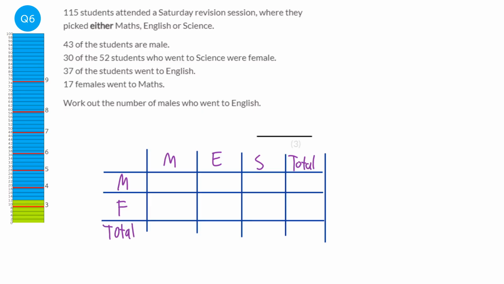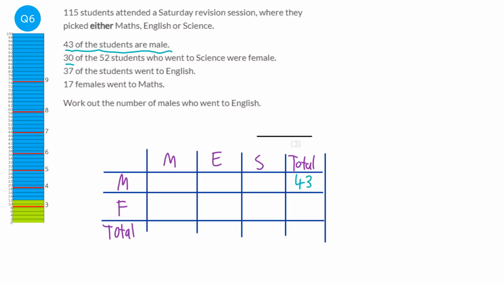So looking at the information we have, it says there are 43 students who are male. So altogether the total male is 43. 30 out of the 52 students who went to science were female.